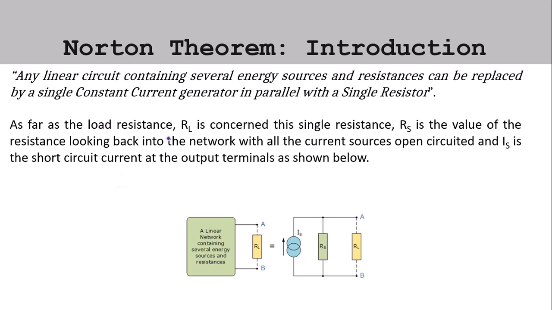It is very much similar to the Thevenin Theorem, that tells again that if we have any kind of linear circuit, then that can be converted into a current source, that is Norton current, in parallel with the resistor, that is Norton resistance, and then again we can connect the RL.